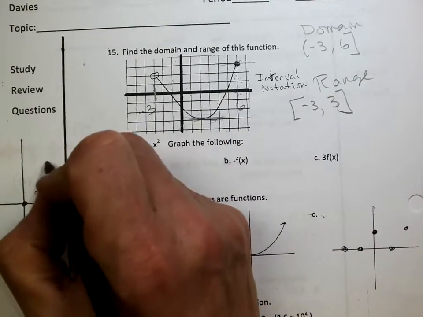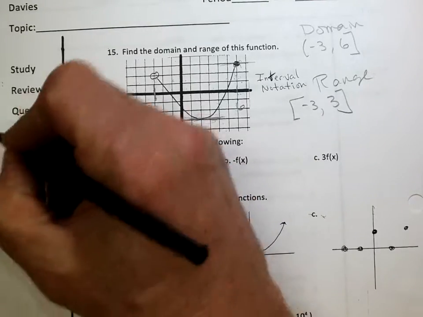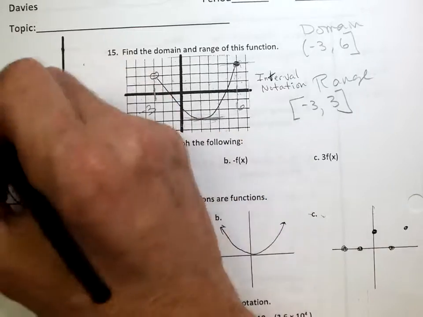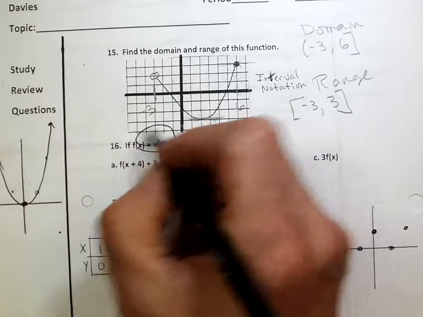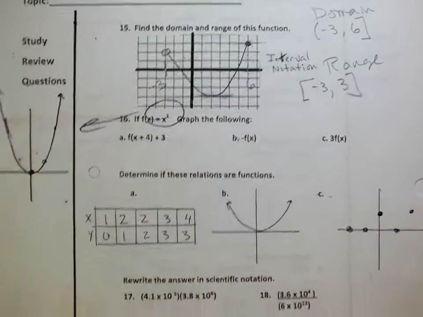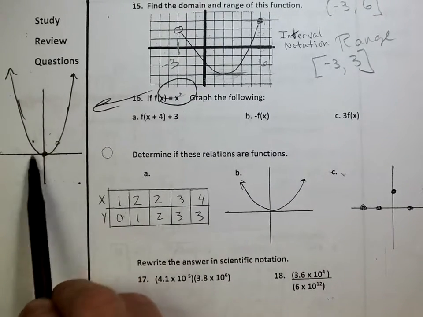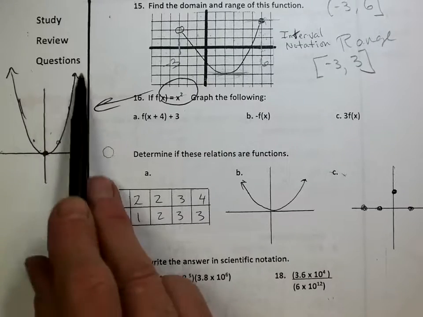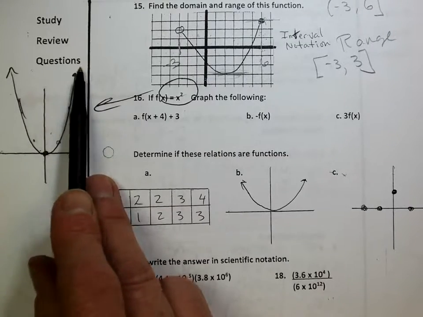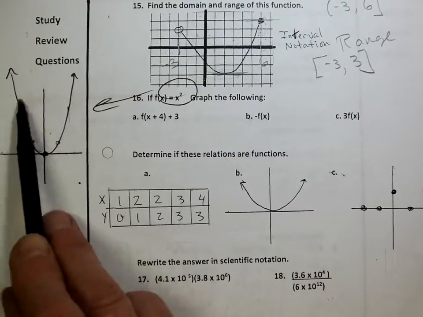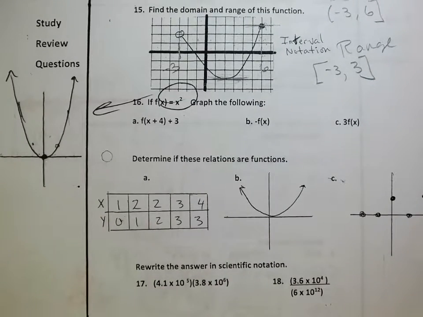Here's my parent function, that's my parent function of x squared, okay? So the way I graph it, 0 squared is 0, 1 squared is 1, 2 squared is 4, 3 squared is 9, right? That's just a parabola. And of course it's symmetrical, so negative 1 squared is 1, negative 2 squared is 4, and negative 3 squared is 9. So that's my parent function.